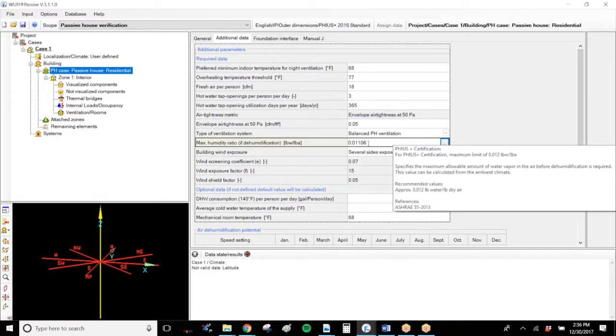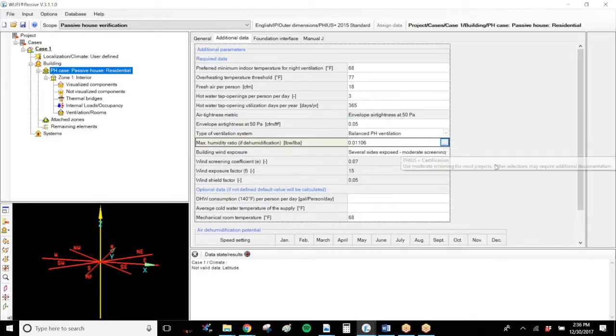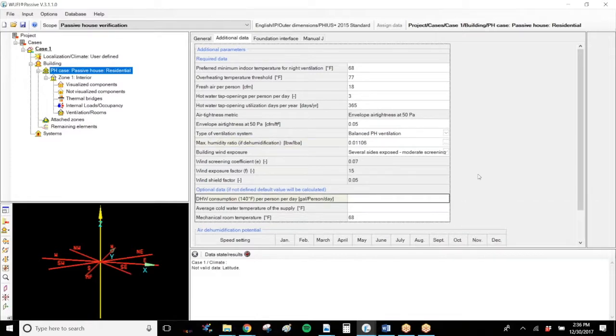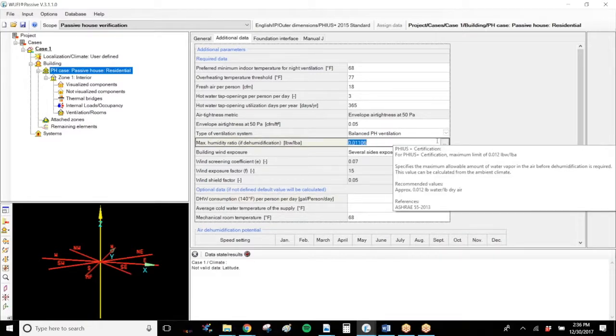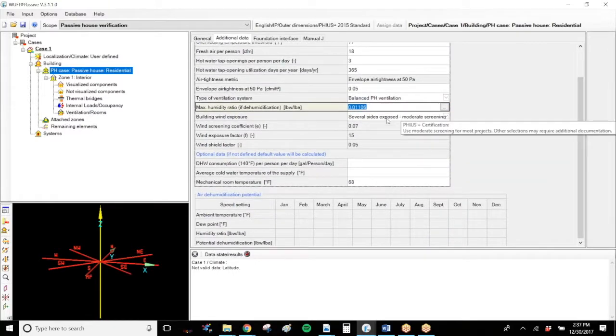And now it's revised my humidity ratio. So you can either use the default of 0.012 or you can revise appropriately for what you would like for the project. It cannot be higher than 0.012, but it can be lower if you feel that more dehumidification is appropriate.